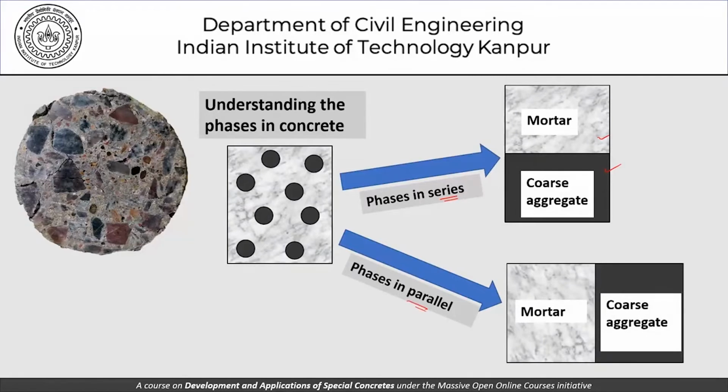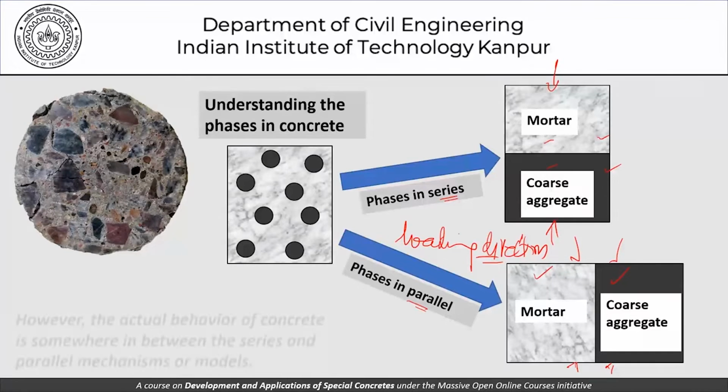The series and parallel is a nomenclature which I'm using considering the loading direction. So when we load the concrete, whether the mortar and the coarse aggregate are in series, that is if we are applying the load like this, or they are in parallel, so if we are applying the load like this, they are both taking different load transfer mechanisms.